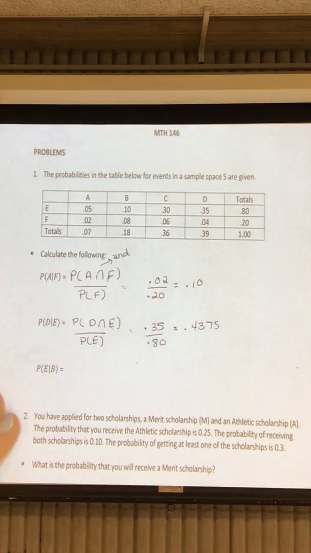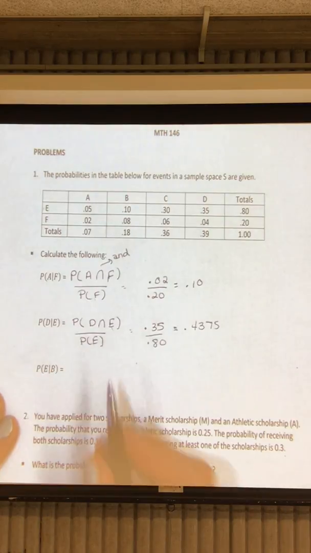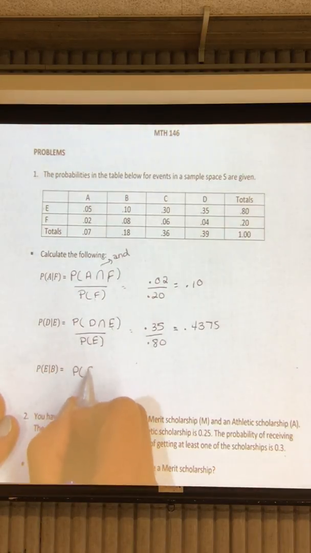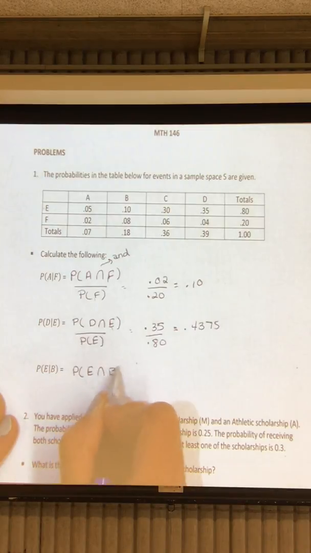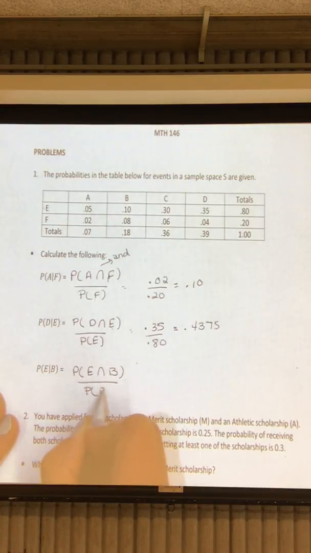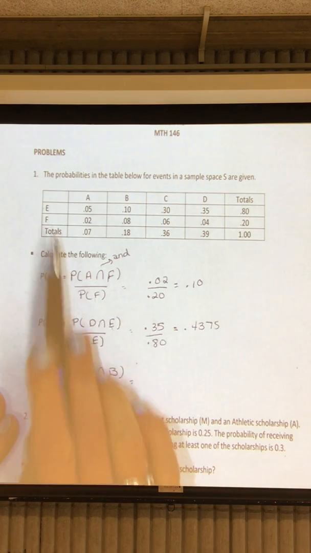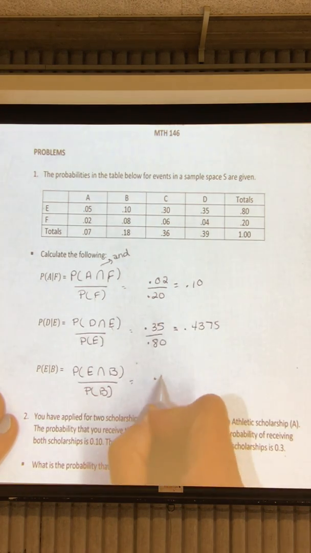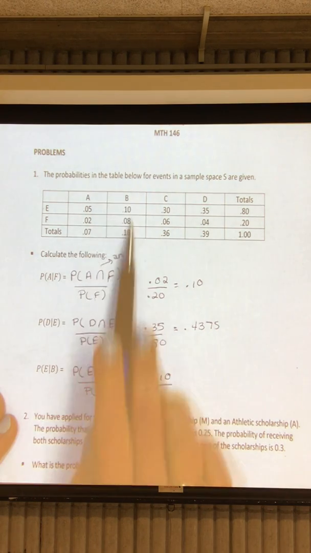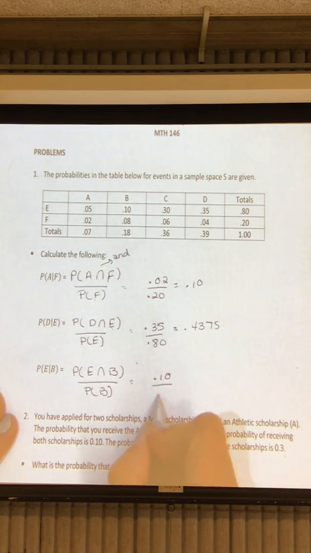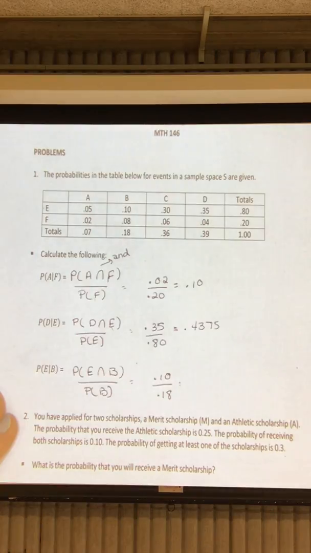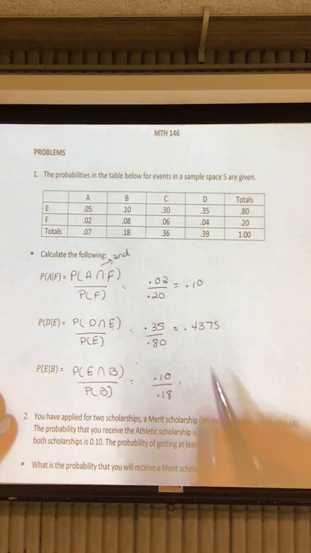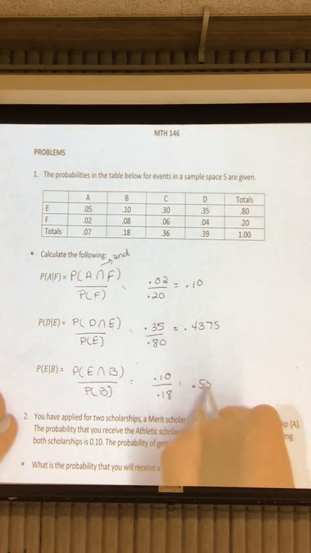And the next one, the probability of E given B is the probability of E and B over the probability of B. So E and B is equal to 0.10. So 0.10 over the probability of B. B is 0.18. So 0.10 divided by 0.18 is equal to 0.556.